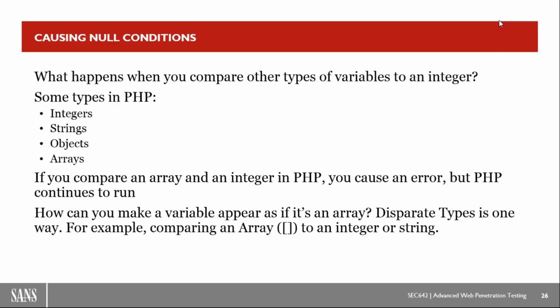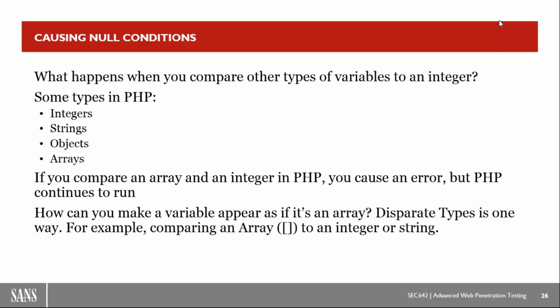However, in PHP, they don't just error. They cause a null condition. And because of what I showed you before, nulls end up as zeros, okay? Using type inference, you could do some odd things. For example, if you're looking for a 0 as your return value and you cause the engine an error, believe it or not, PHP will error, return a null, and then evaluate that and keep running.